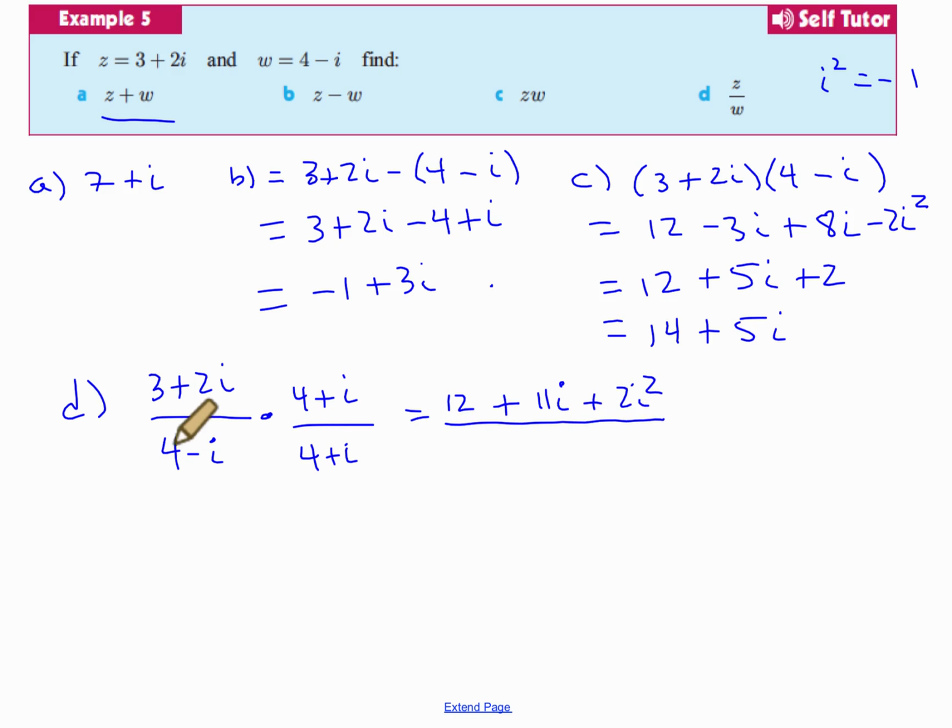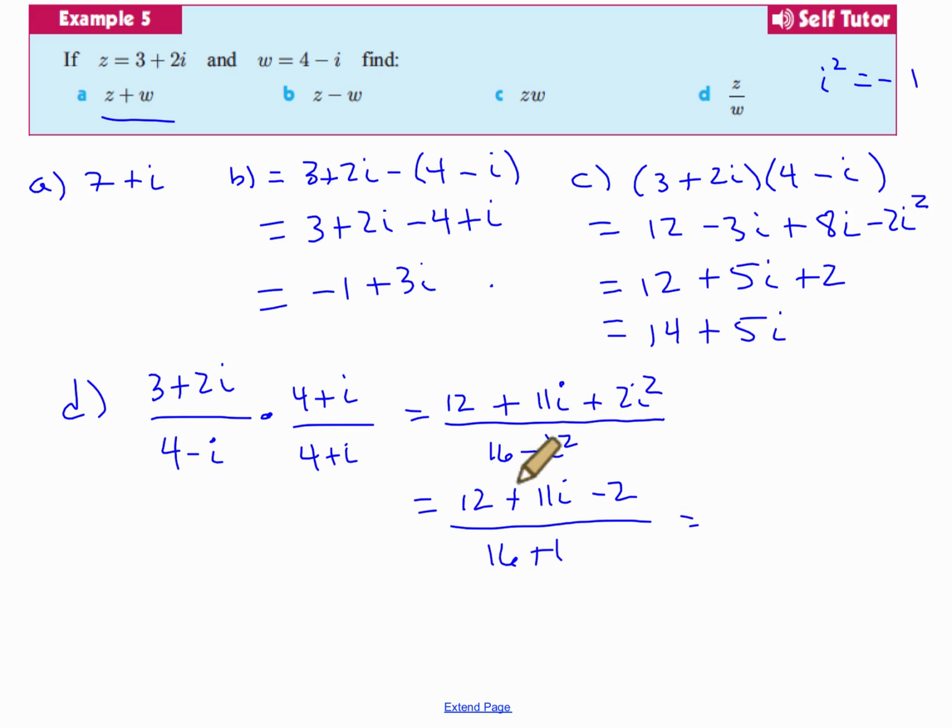Now this is of the form a minus b times a plus b, and recall that's equal to a squared minus b squared, so we can quickly say that our denominator is 16 minus i squared, and we clean things up and we get 12 plus 11i. Recalling i squared is negative 1, so that's going to be 2 times negative 1 or minus 2 over 16 minus a negative 1 is plus 1.